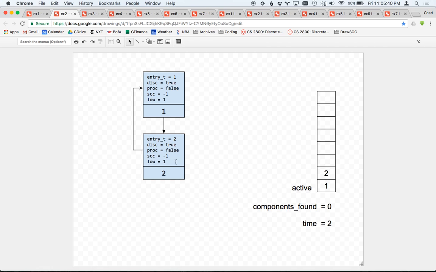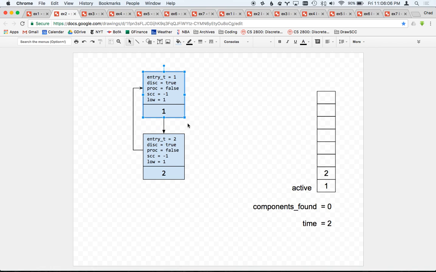That means from vertex 2, we can get to a vertex earlier than vertex 2. That also tells us that from the parent of vertex 2, we could get to that same vertex, right? That is, from the parent of vertex 2, we can get to vertex 2, and from vertex 2, we can get to some earlier vertex.